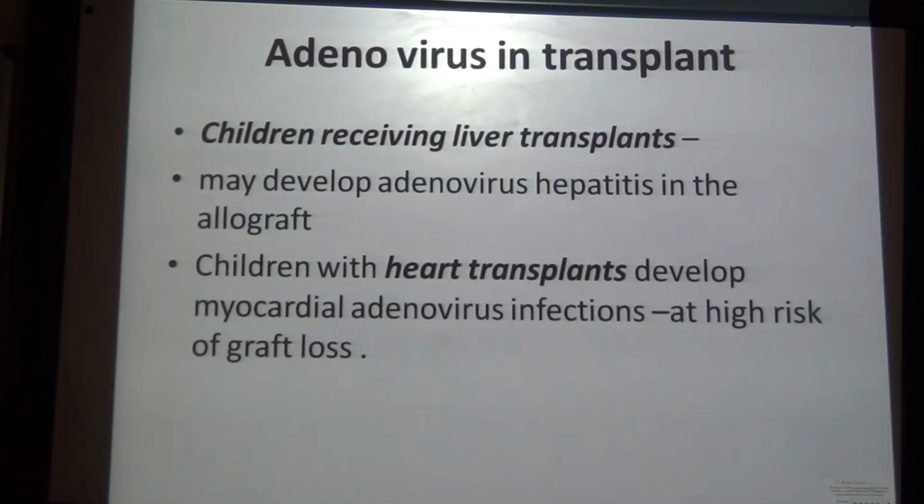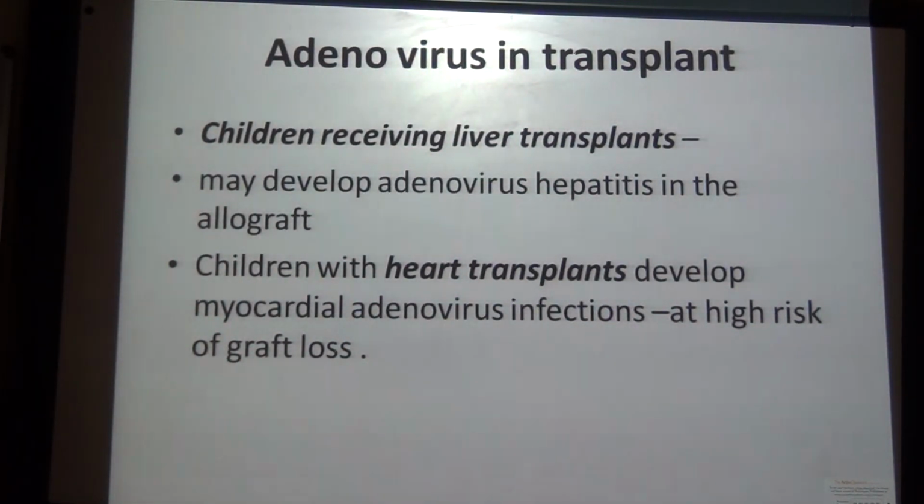The adenovirus may also cause infection in children who receive liver transplants, and in this case they may develop hepatitis in the allograft. One of the causes of hepatitis in the liver transplant is adenovirus.